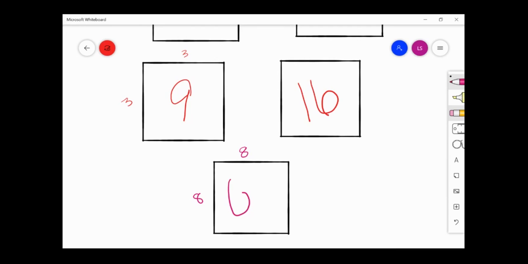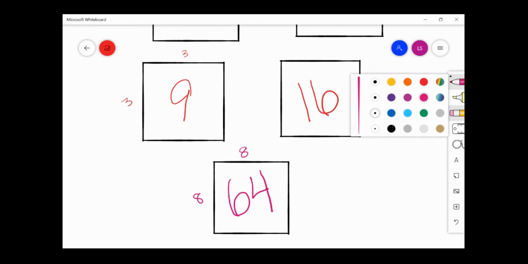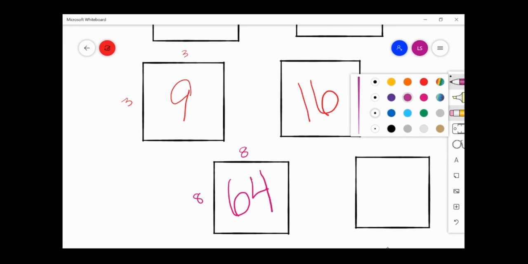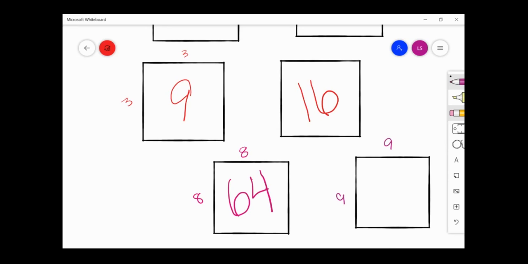Well, another perfect square is 64, right? Let's do one more. So if I had a 9 by 9, for example, a perfect square would be 81, and so on. And there's an infinite amount of perfect squares, but it's important to understand what they are.